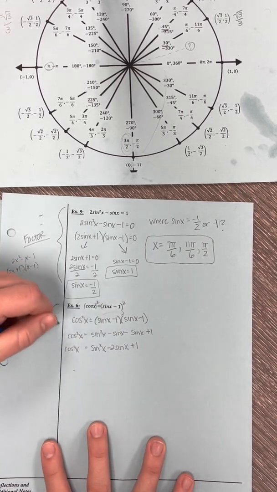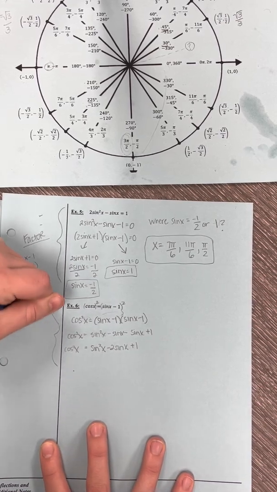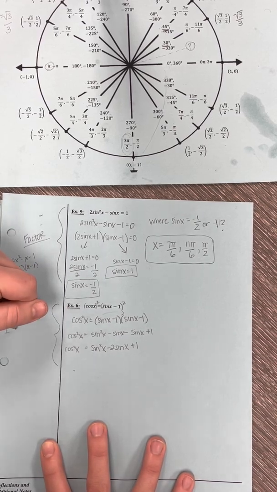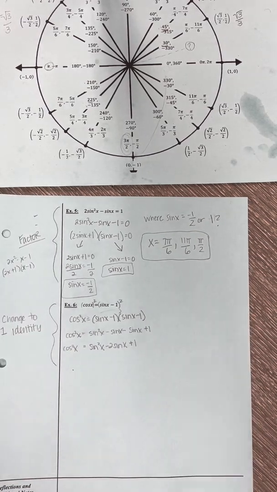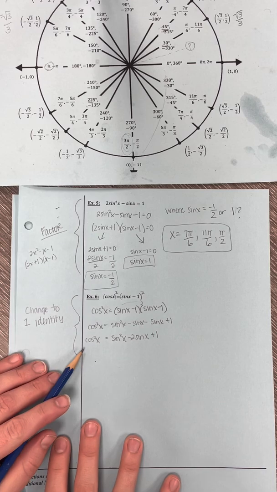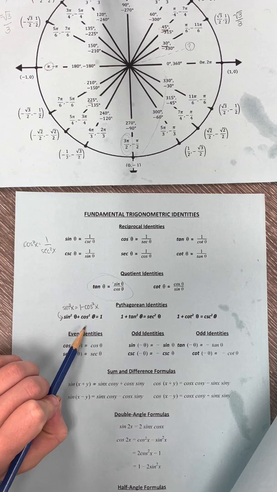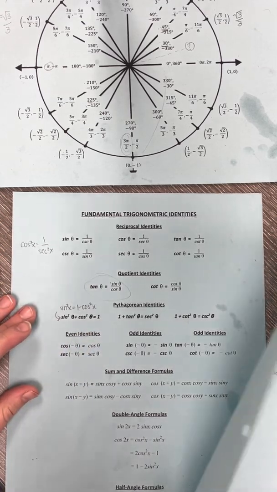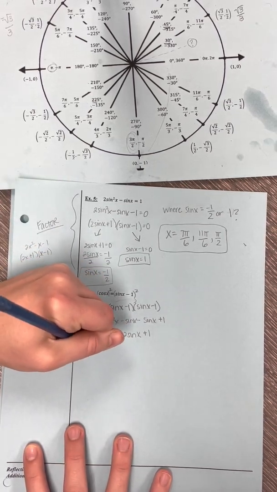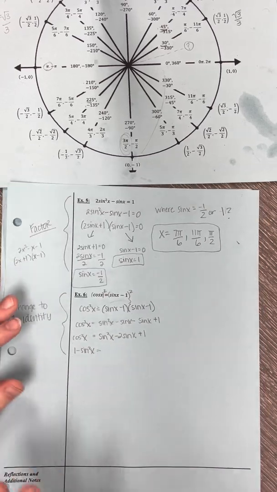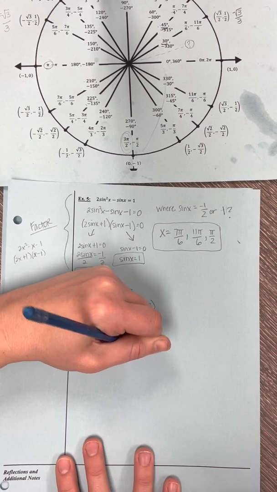Now, again, we're still going to have to change to one identity instead of changing all of this sine, because that would be really time consuming. We're just going to change the cosine squared x, because we can change cosine squared x. Cosine squared x is the same as 1 minus sine squared x.